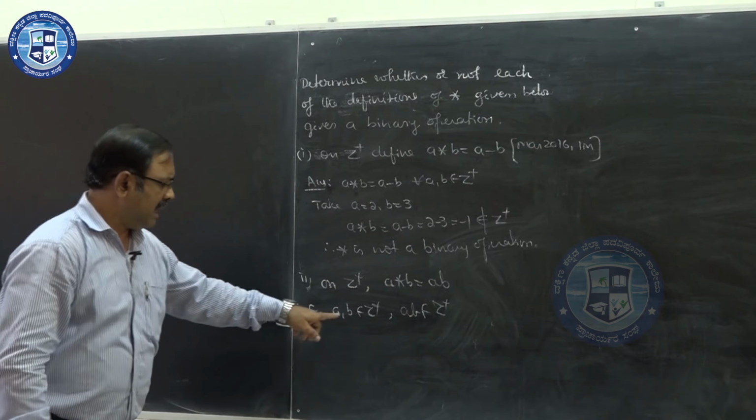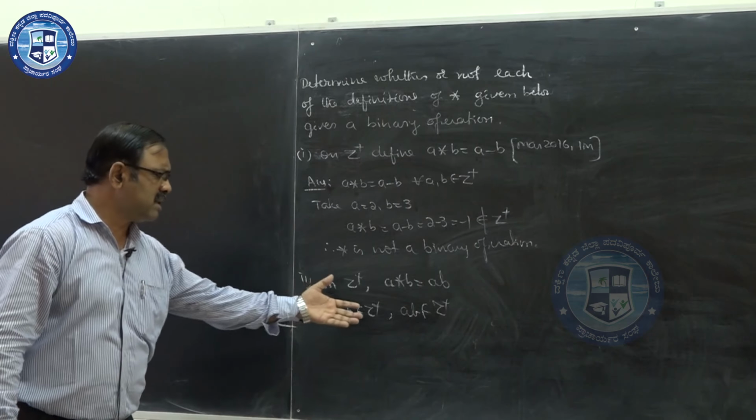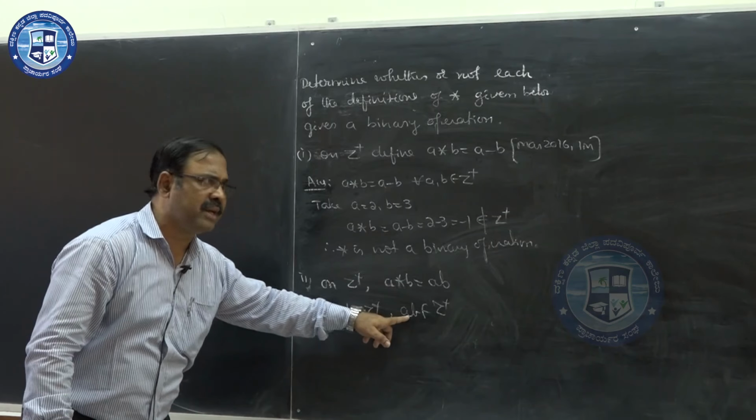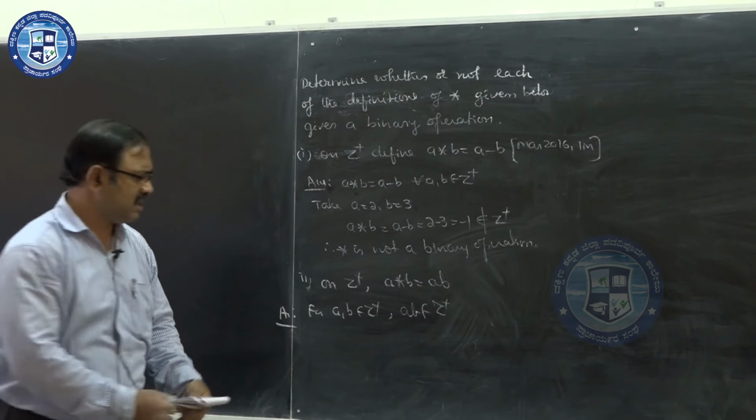Why? Product of two integers is an integer, and obviously it is positive. So the product of two positive integers is a positive integer. It belongs to Z plus. That is, A star B belongs to Z plus. Therefore, star is a binary operation.